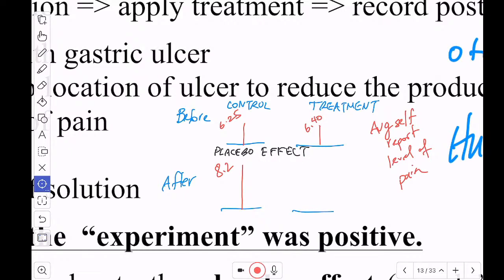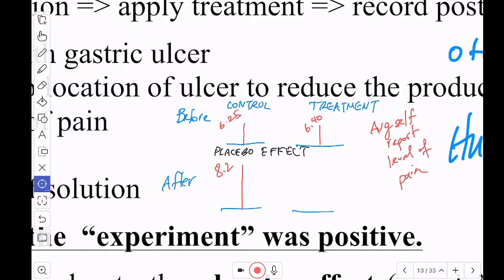The Hawthorne effect that I mentioned is if the patient actually changes their behavior. So the Hawthorne effect could have been, being part of the study, that a person engaged in the study before they showed up. Maybe they did all the right things that they've been told to avoid having the gastric ulcer pain. They had a plant-based diet, and they slept on time, and they reduced stress, and they did all these things.